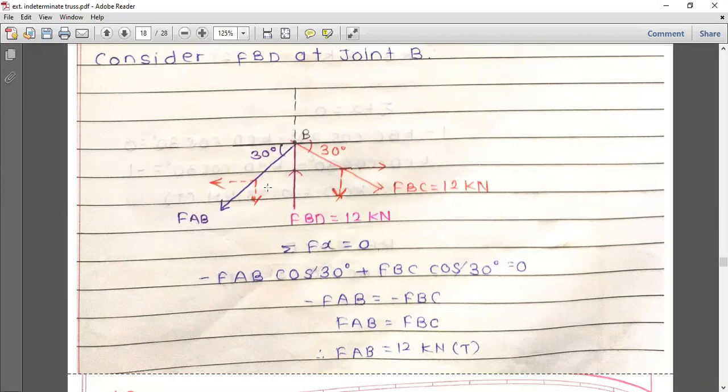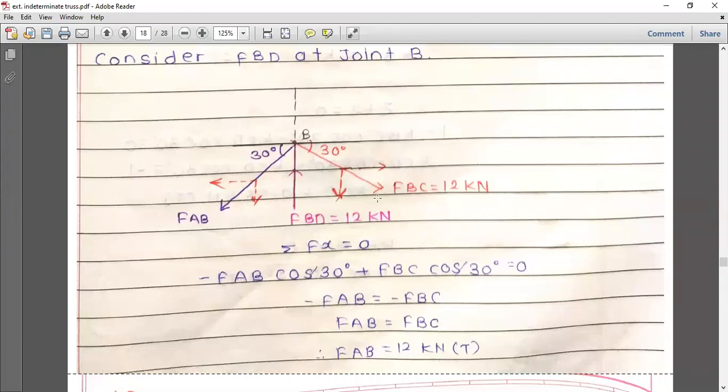Now apply summation Fx equal to 0. Just consider all horizontal forces. Forces going towards right, take as positive. Forces going towards left, take as negative.